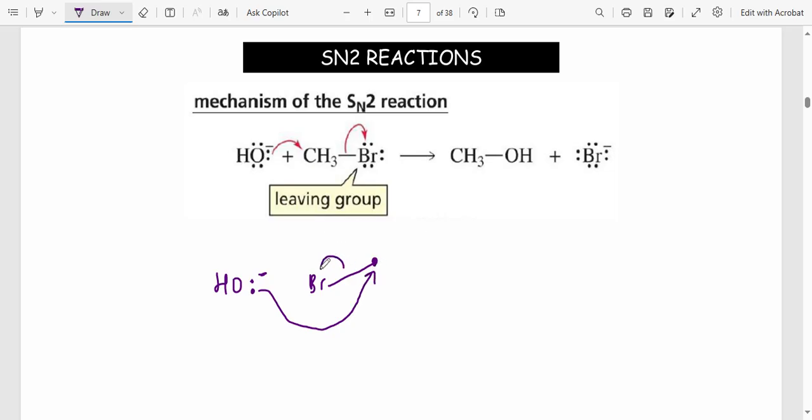So this lone pair is going to go and attack this carbon. This bond is going to be breaking. And before it fully breaks, we're going to form an intermediate. This carbon is going to have a bond breaking with bromide and a bond that is forming with a hydroxide. It's actually the oxygen that forms a bond with carbon.